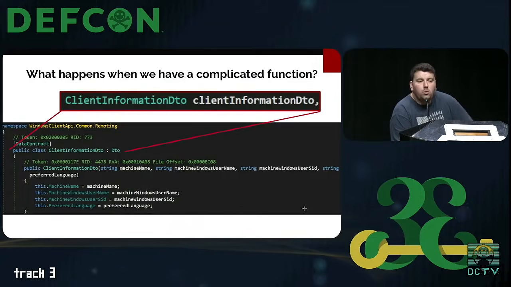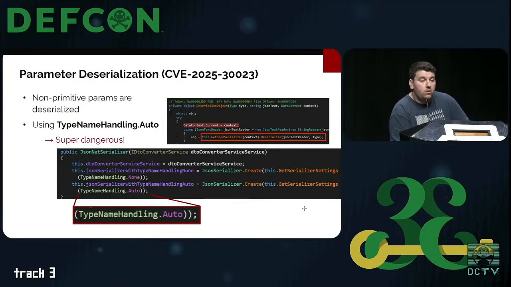Now, in order to actually create this on the server's backend, some sort of deserialization must occur, meaning the server must create the class of ClientInformationDTO in order to actually execute the method. And to do that, Axis used JSON deserialization, and to make matters worse, they actually used TypeNameHandling.Auto.